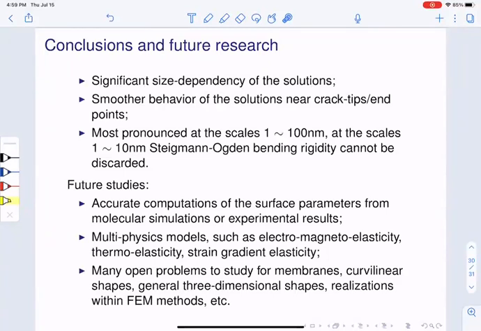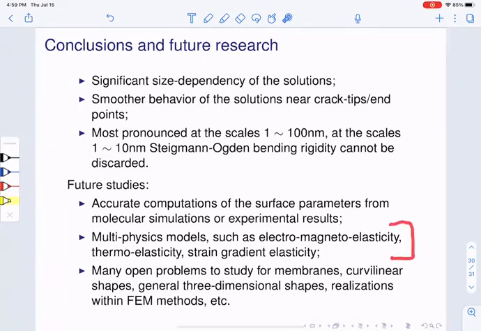And there is lots of future work which can be done in these areas. In particular, computation of surface parameters is difficult in this area. Since it is essentially surface tension in metals at the nanoscale, it is difficult to measure. Usually it is done by atomistic simulations.